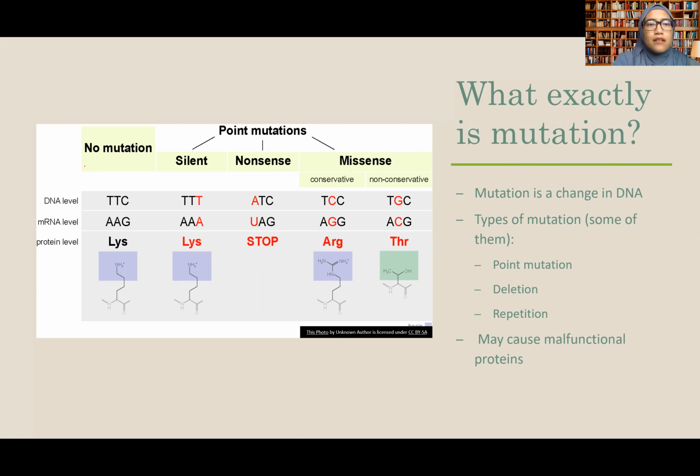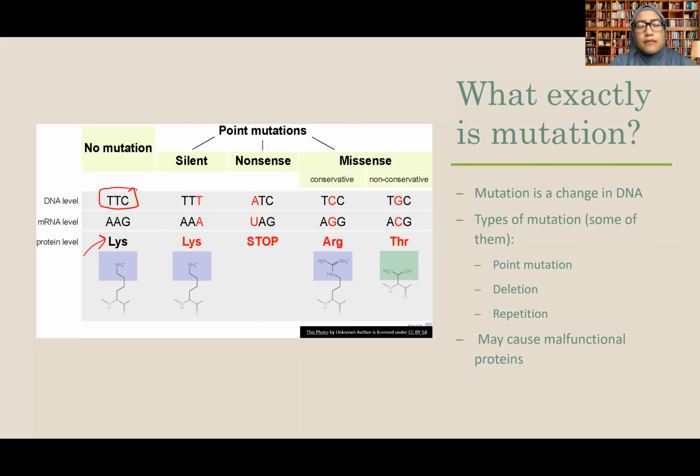For example, here, this has no mutation. At the DNA level it is TTC, and then at the mRNA level it is AAG. So T with A, T with A, C with G. And AAG translates into lysine.